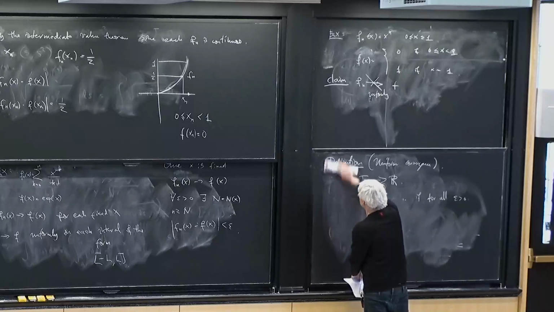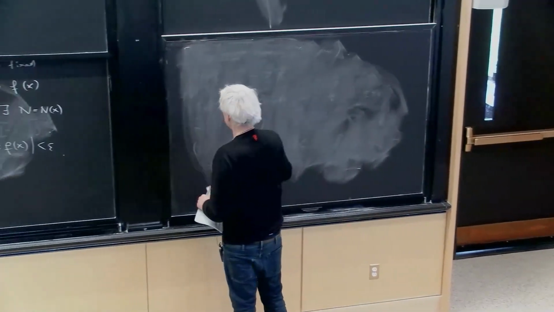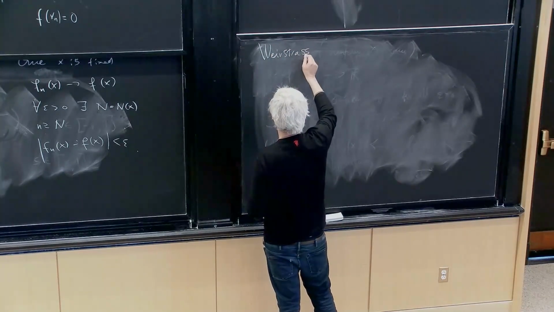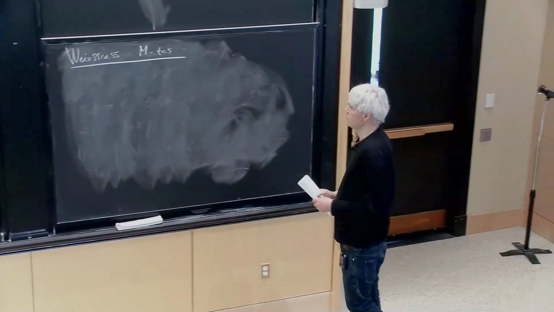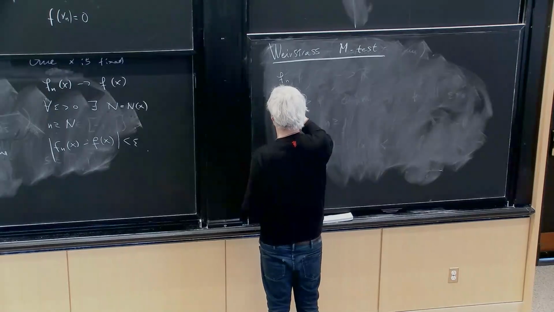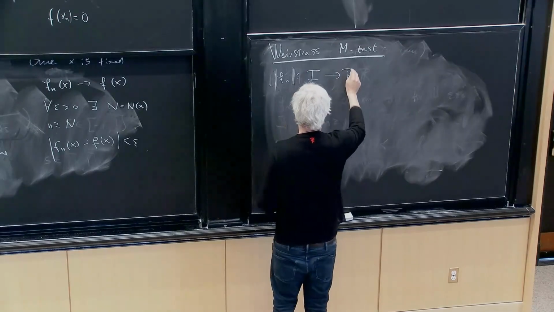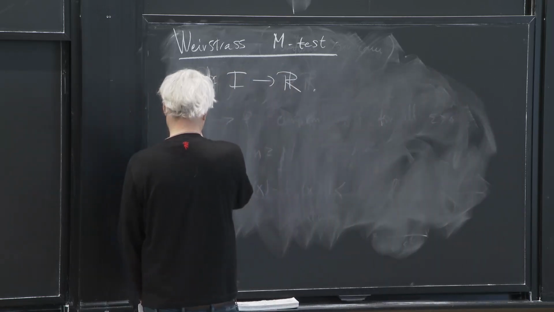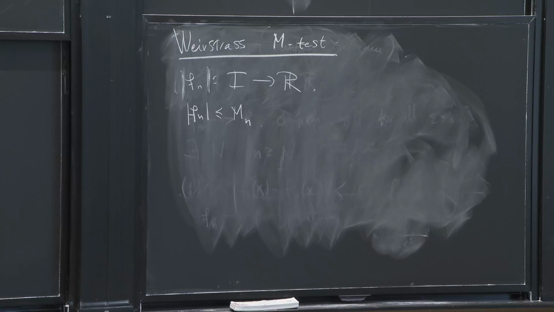In the Weierstrass M-test, you have a sequence of functions, fn, on some interval into R. And then you have that the fn are bounded by some constant Mn.